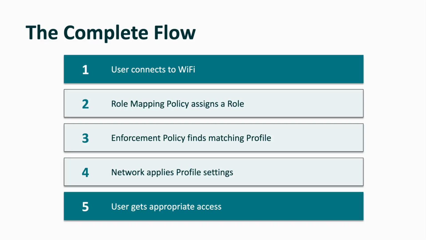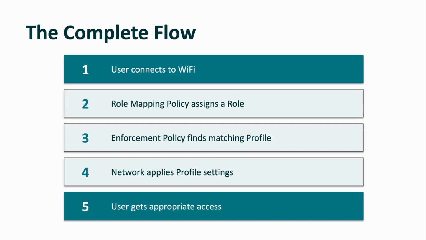Let me put all of these together so you can see how the four pieces work as one system. Here is what happens when someone tries to connect to the Wi-Fi. The user connects to the Wi-Fi or wired network. The role mapping policy examines and assigns the role. Say it assigns the guest role.